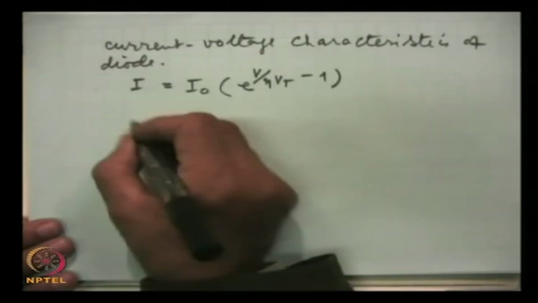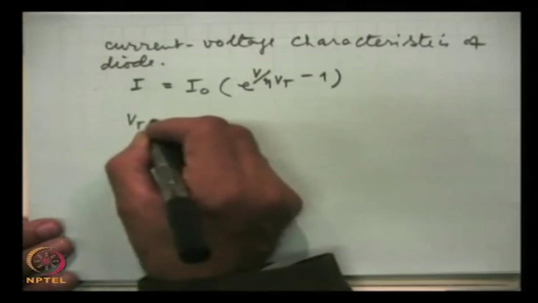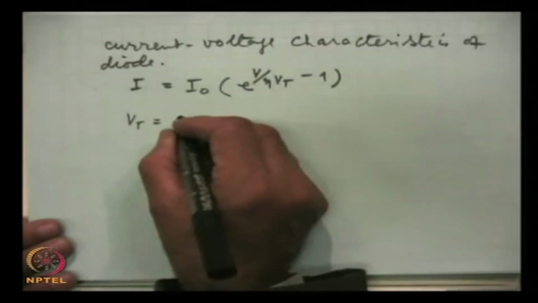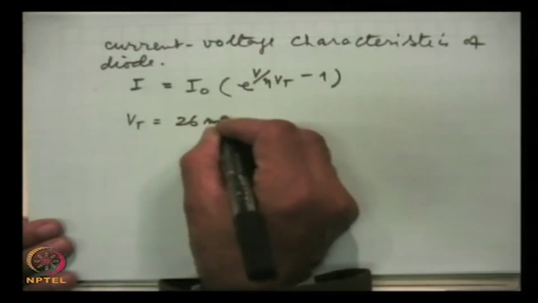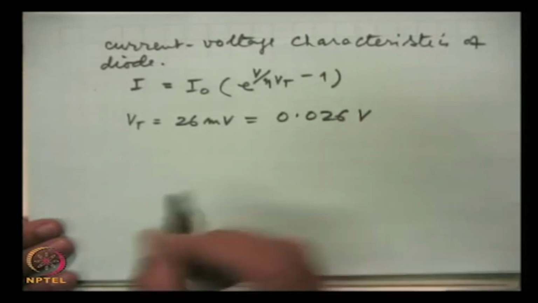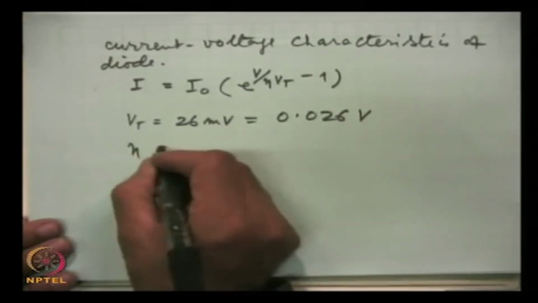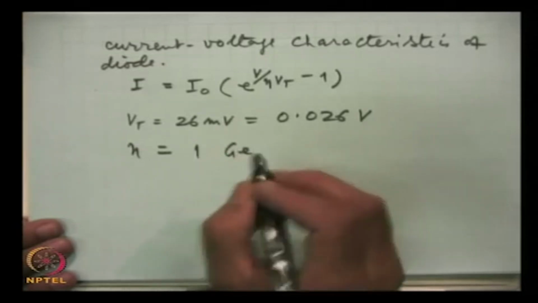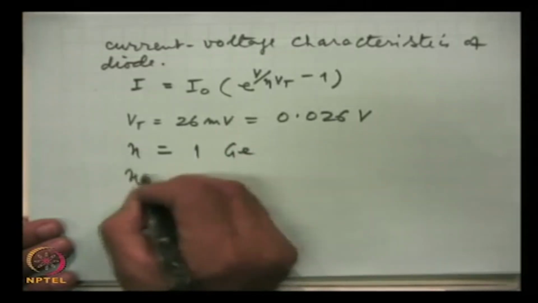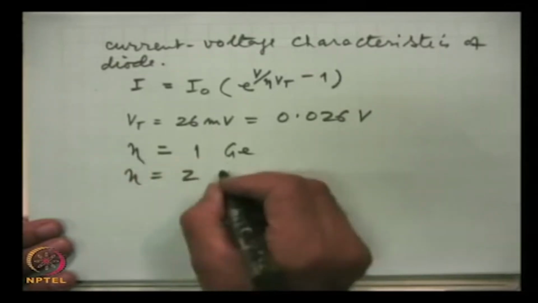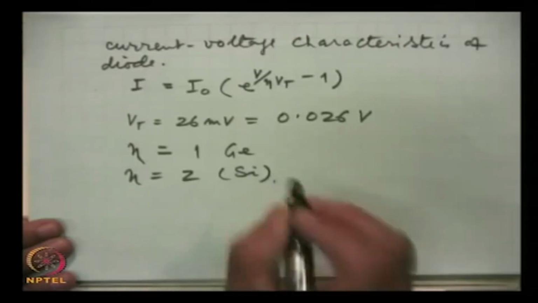Here Vt, as we have said earlier, is the volt equivalent of temperature, and this is equal to 26 millivolts or 0.026 volts. Eta is equal to 1 for germanium diode, and eta is equal to 2 for silicon diode.